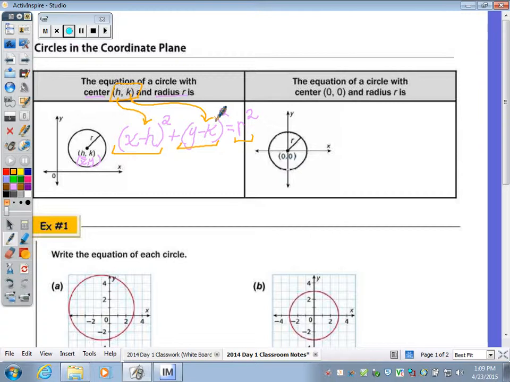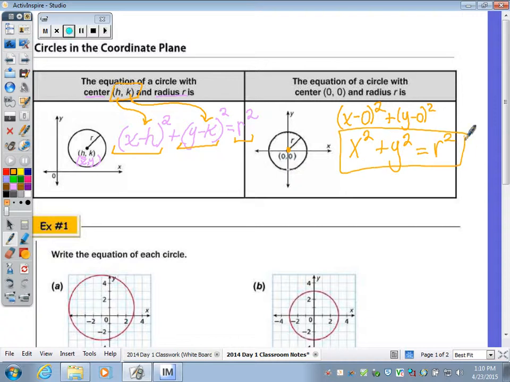So again, to write the equation, you need the center and radius. If the center is at the origin, coordinates 0, 0, then x minus 0 squared just becomes x squared. Same thing with the y: y minus 0 squared becomes y squared. Again, equal to r squared.